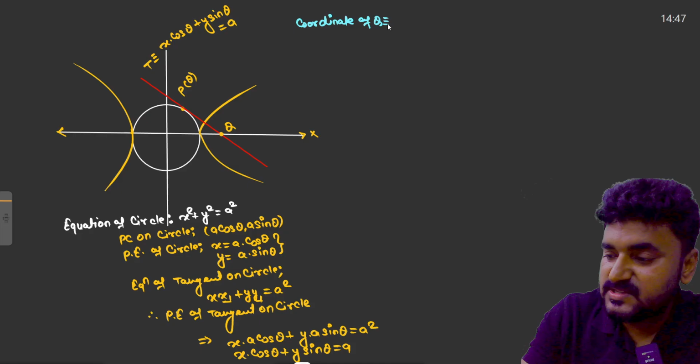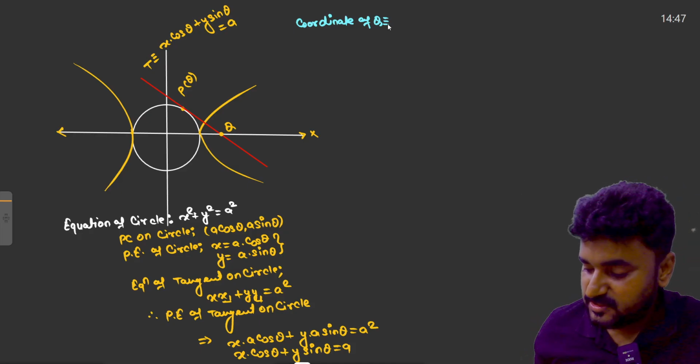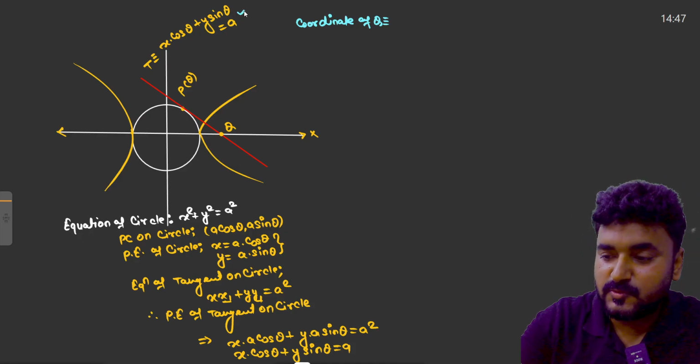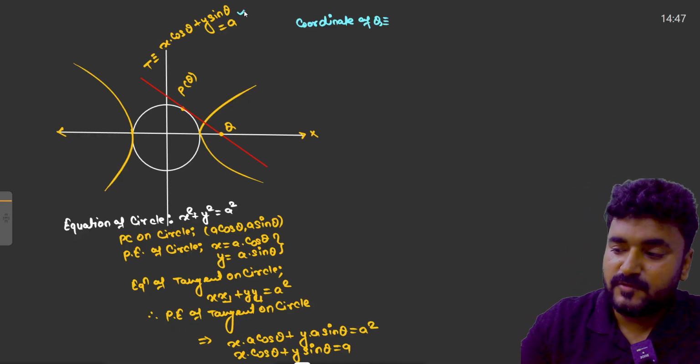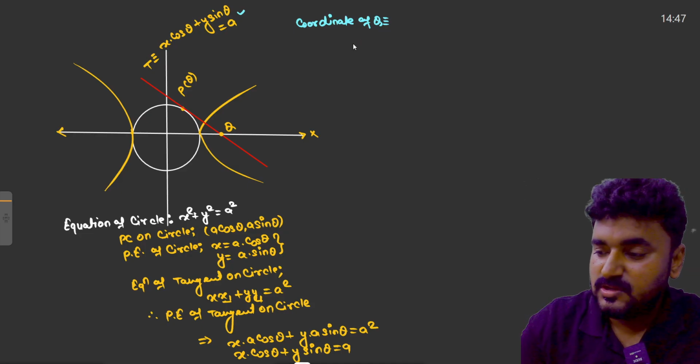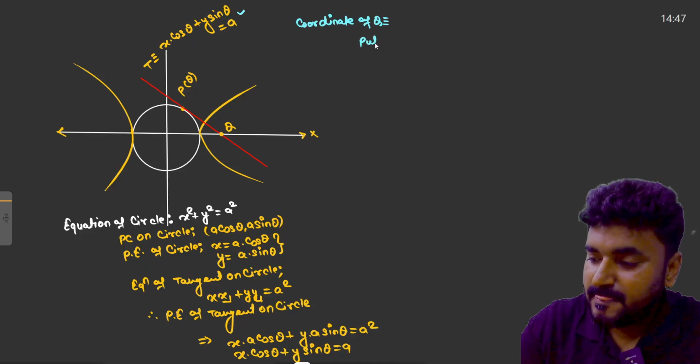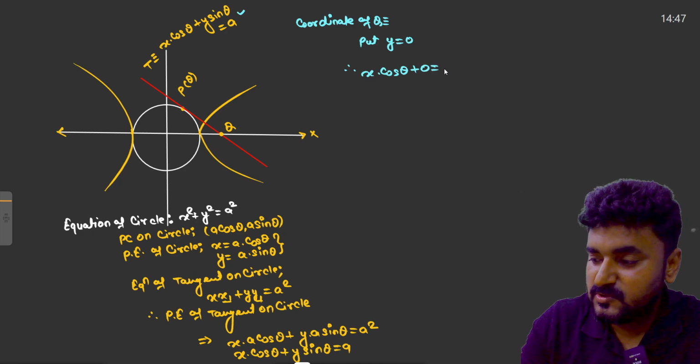so here, in the parametric equation of the tangent of the circle, we can put the value of y as 0. Okay, so put here y equals 0. So I can see this is coming x cos theta plus 0 equals a.